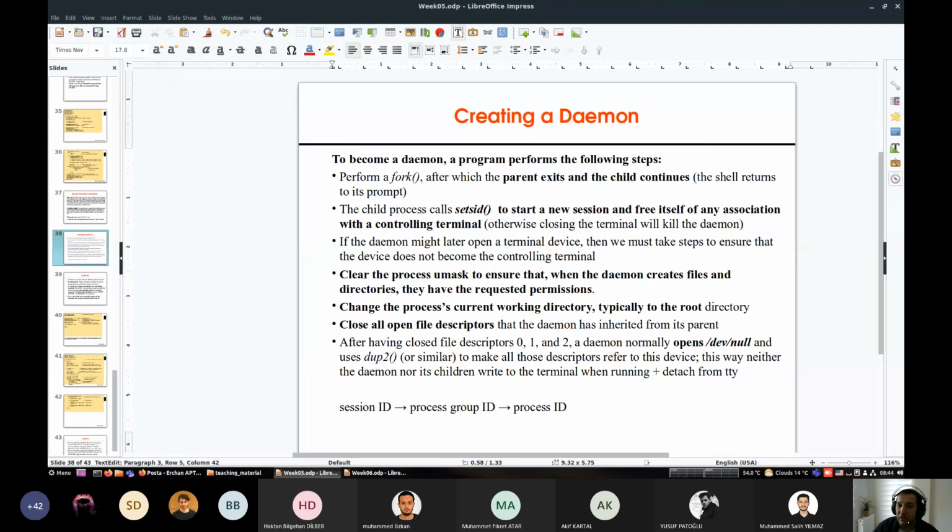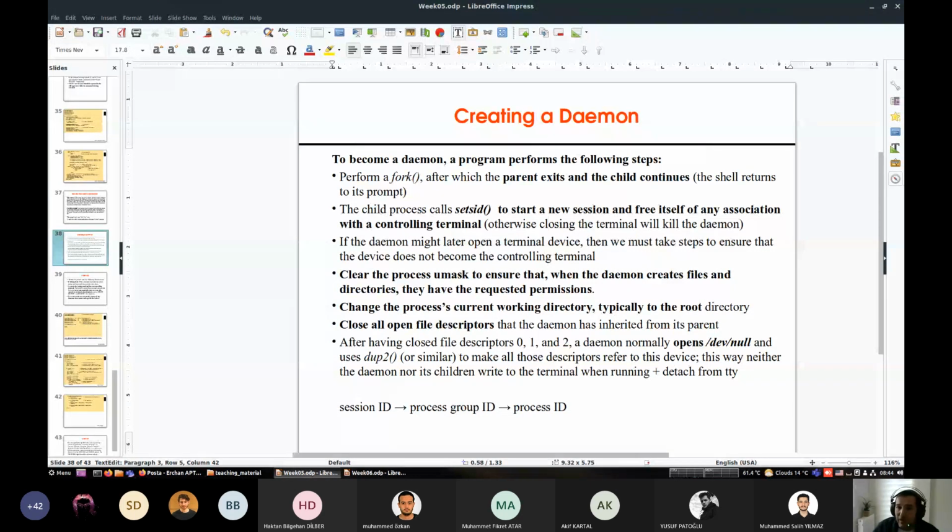We will look at that in the following slides. It clears the process umask, so to ensure that when the daemon creates files and directories, they have the requested permissions. So, okay, that should be expected. It changes the current working directory, typically to the root, so that it will be disassociated from any home folders or anything. It closes all the open file descriptors that are, of course, inherited from its parent process.